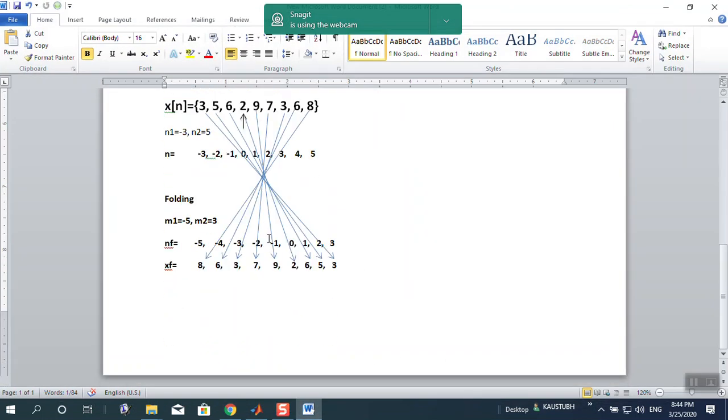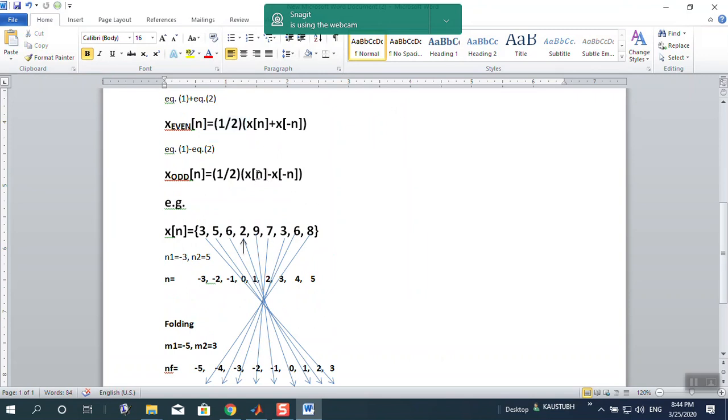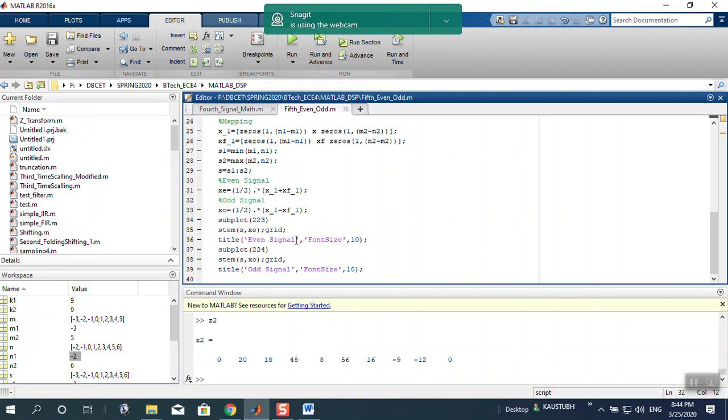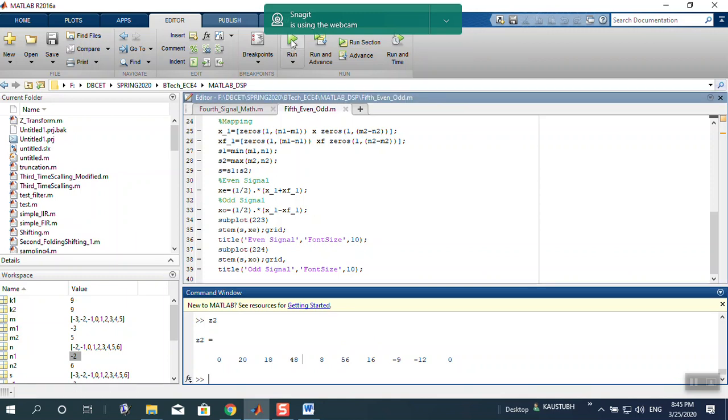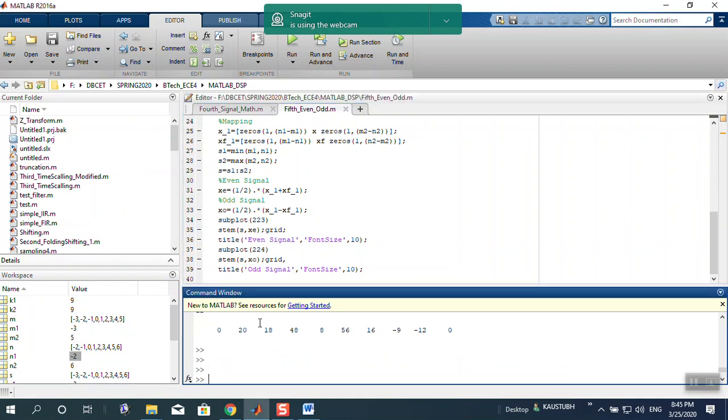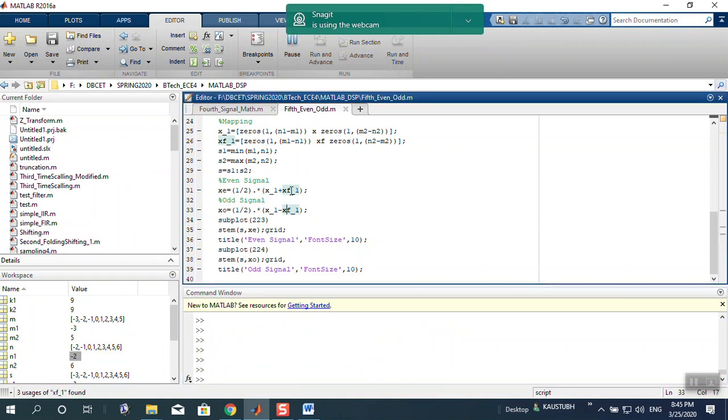So if we do it, we'll just run it. My computer becomes slow.